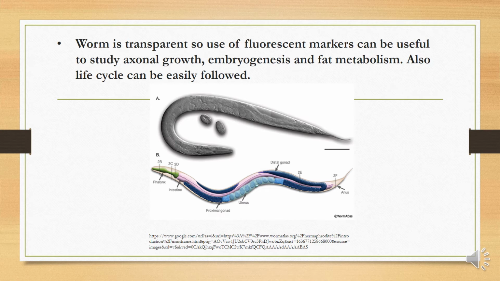So this diagram shows the use of various kinds of fluorescent markers and various organs that are present in the transparent body of the organism, like pharynx, intestine, proximal gonad, uterus, distal gonad, anus, etc.